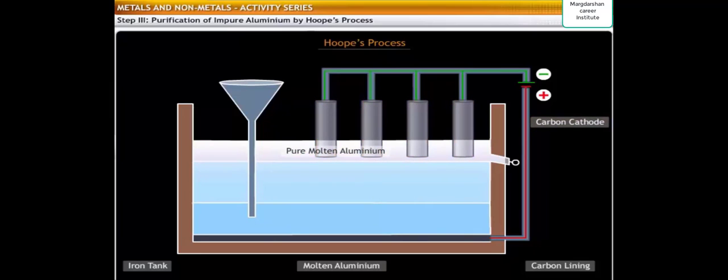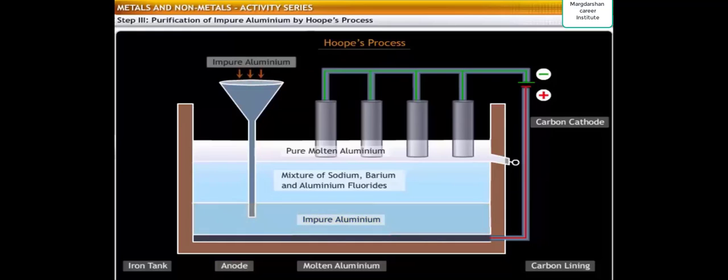The middle layer, or the electrolyte layer, consists of a molten mixture of sodium, barium and aluminium fluorides. The third layer is the bottom layer. Along with the carbon lining, it acts as the anode for the electrolytic cell. The bottom layer contains impure molten aluminium obtained from Hall and Herold's process.